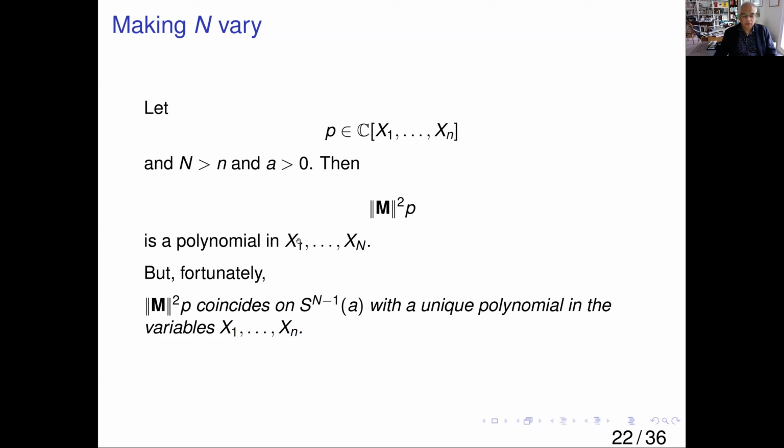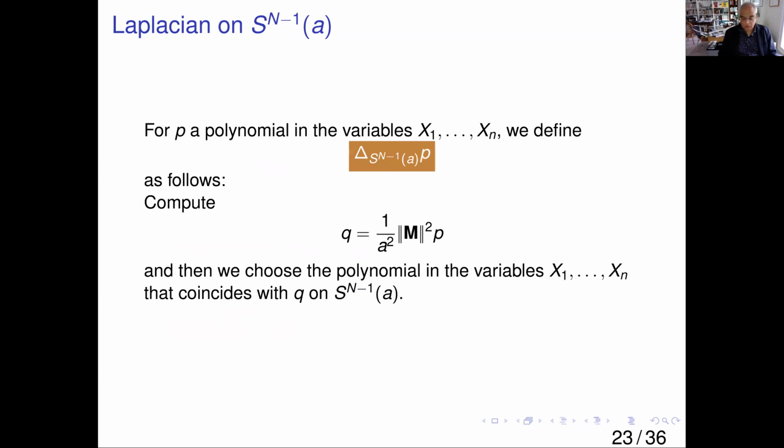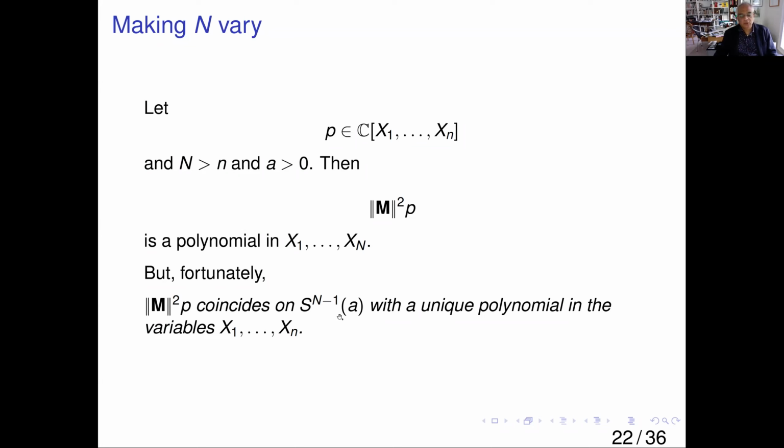It involves everything from x1 through x big N. So M squared P is a polynomial in all the variables. But it turns out that if you again restrict to the sphere of whatever radius A, then there is a unique polynomial, depending on A, in just the first n variables. So there are other things it coincides with on that sphere.